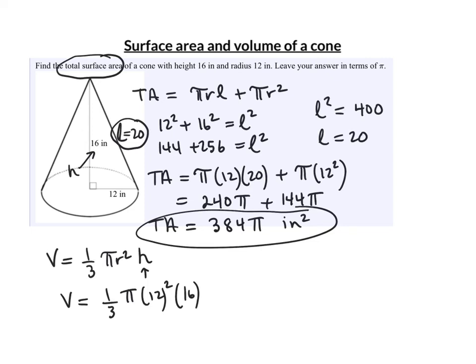And we'll take 12 squared times 16 and multiply that by a third or divide it by 3. And we get 768. So this is 768 pi, and this is volume, so it would be inches cubed.